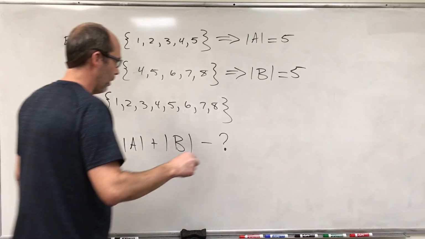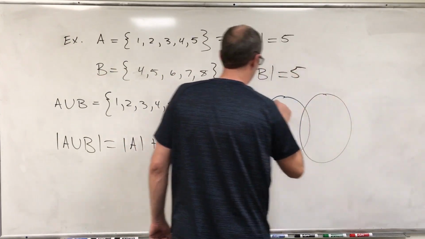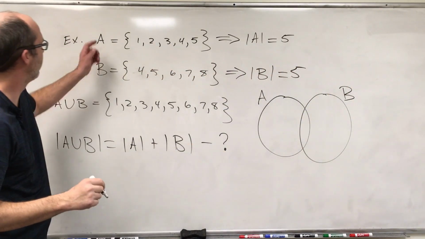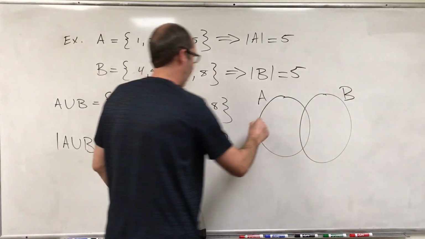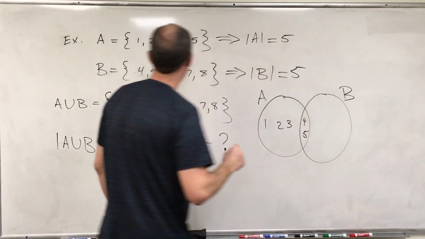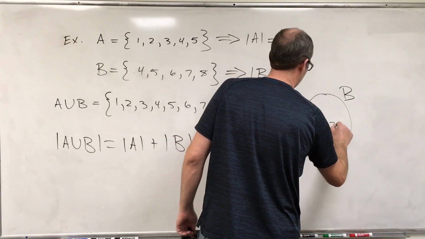Let's say we have A and B. A is 1, 2, 3, 4, 5, and B is 4, 5, 6, 7, 8.